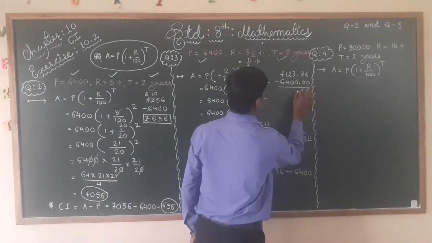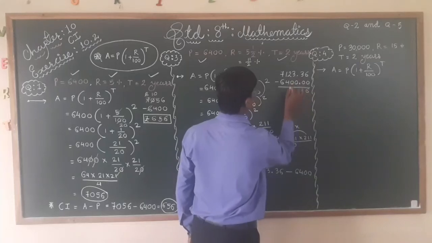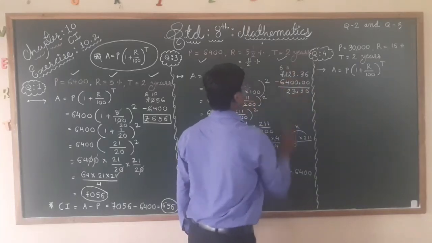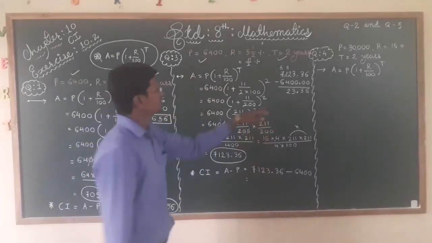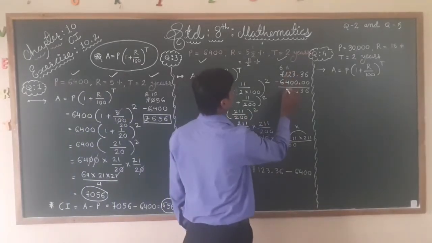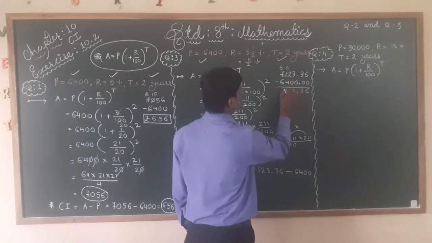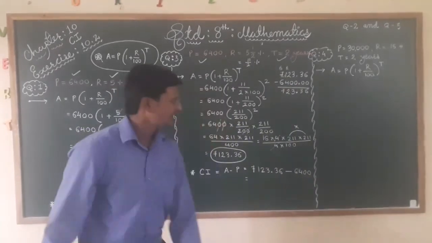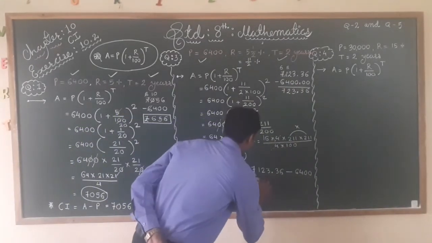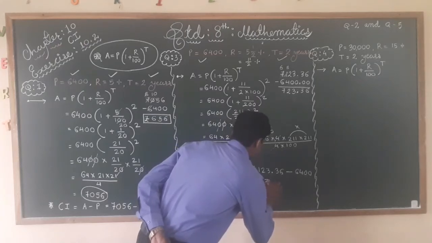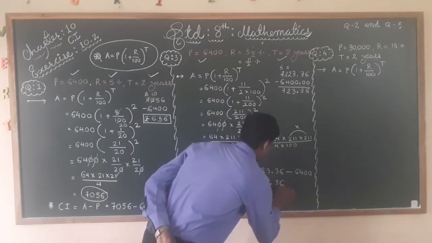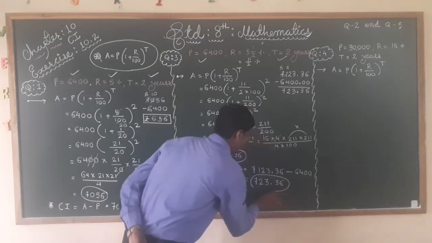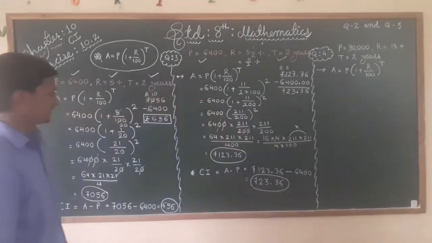Okay, that you are aware how to do subtraction. So 11 minus 4, that is 7. So 723.36 will be your answer. So 723.36 is your compound interest. Is your compound interest. Got it?